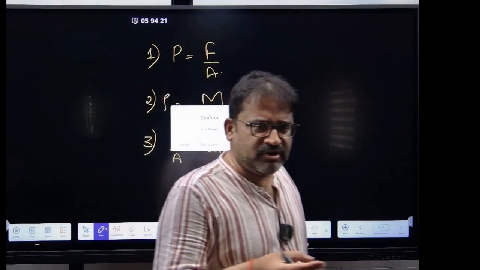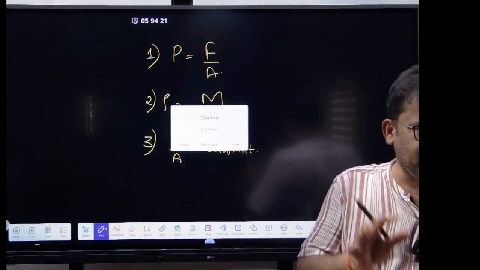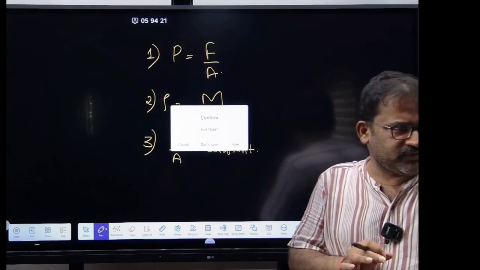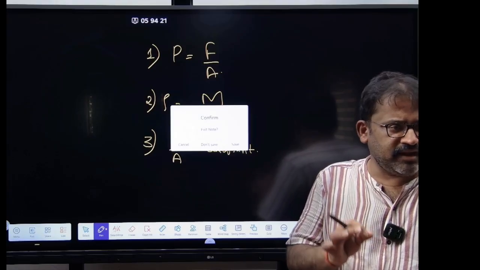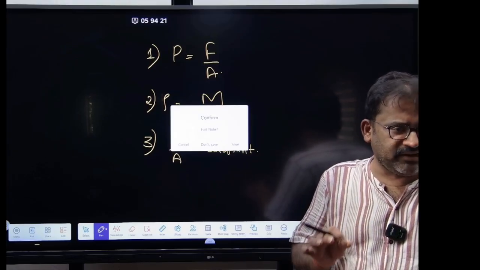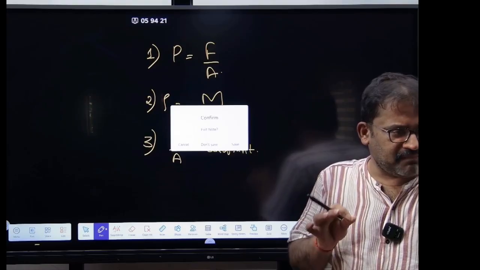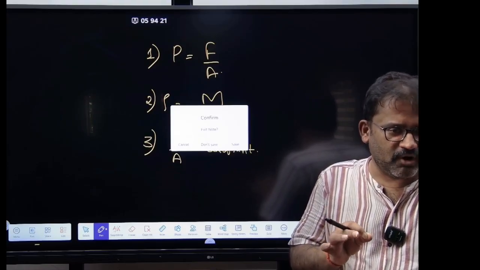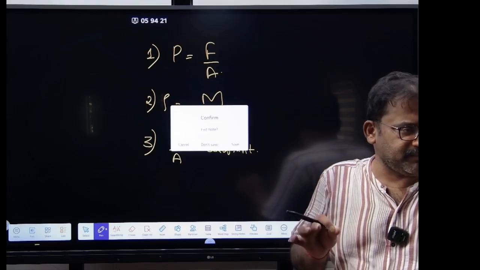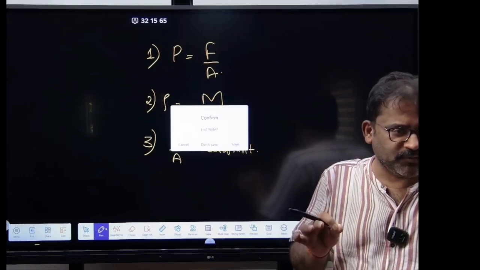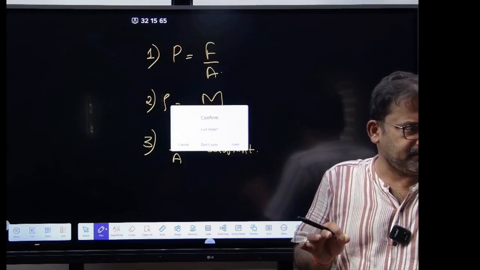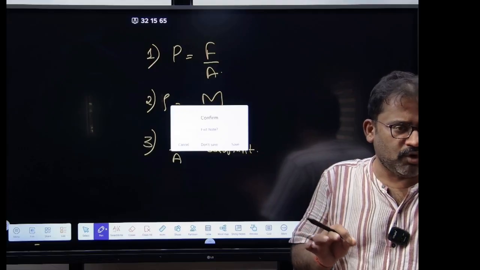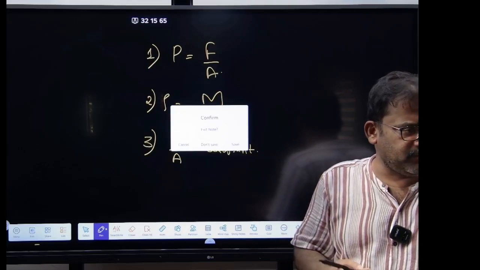So what does this Pascal law mean? Let's understand that at the beginning first. Pascal's law states that in any incompressible liquid, the excess pressure exerted at any point of the fluid will be transmitted equally over all the portions of the fluid.